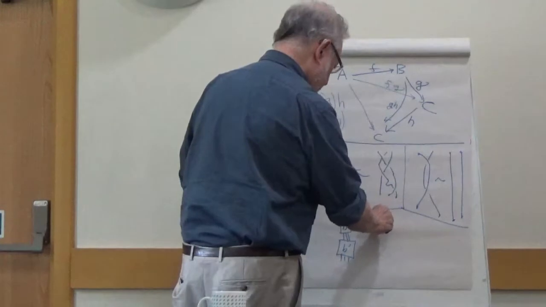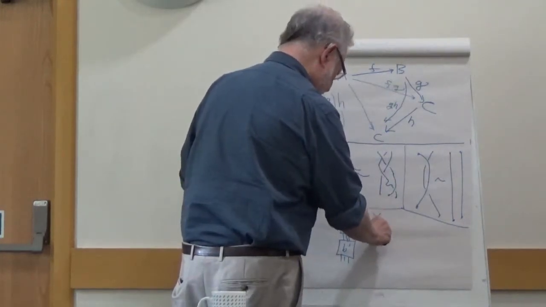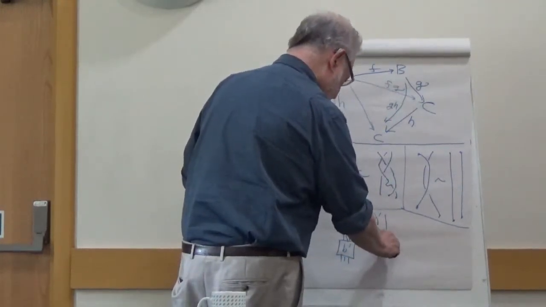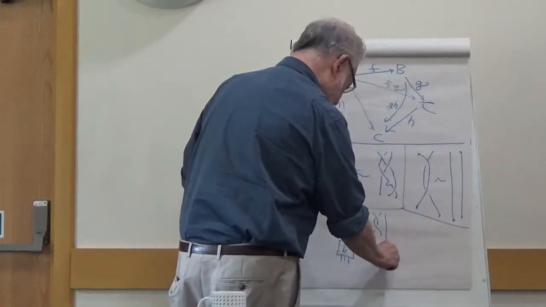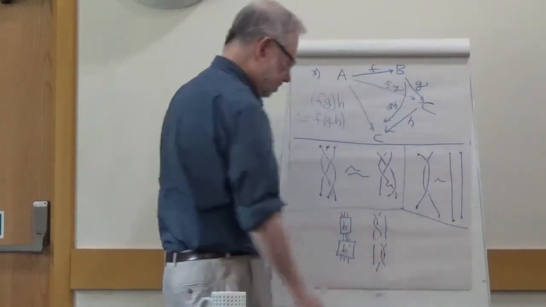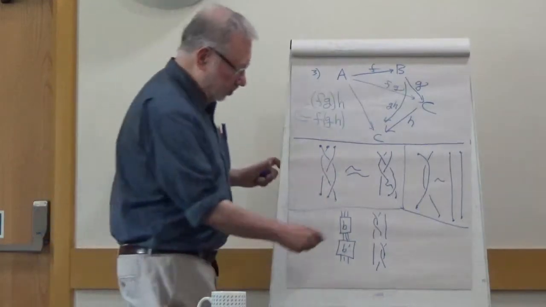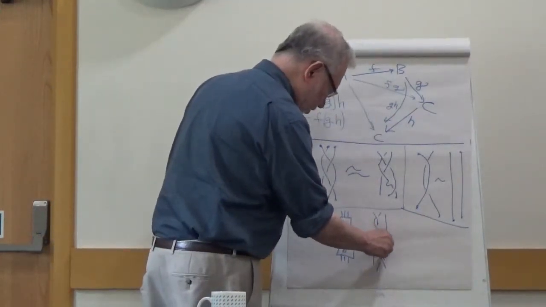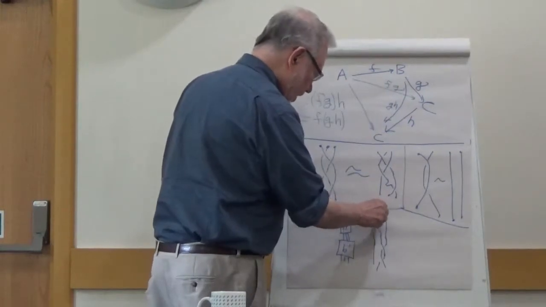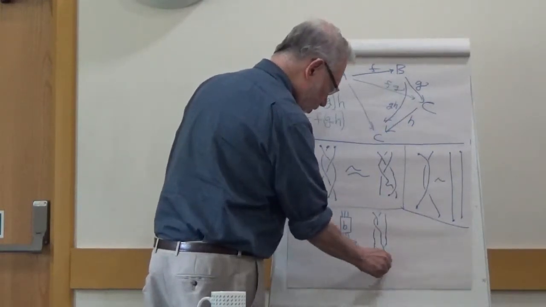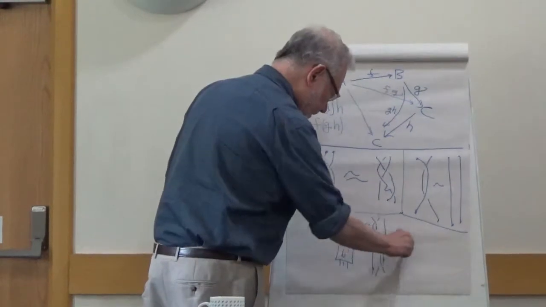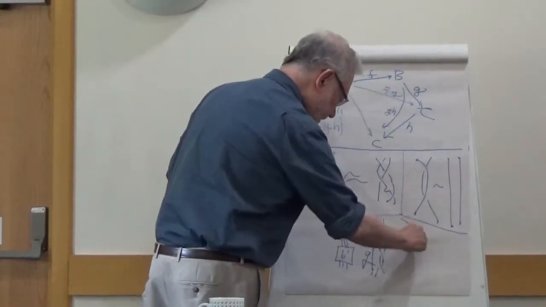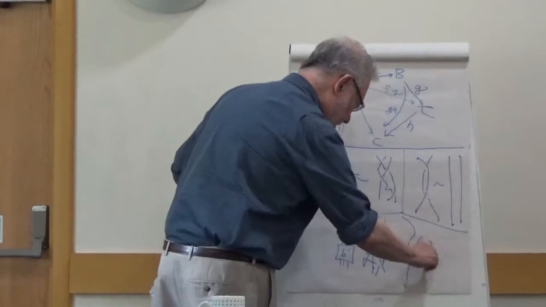So for example, if I take this braid here and this one here, then I multiply them by attaching their corresponding point strands to one another, and I get a new braid like that. So if this braid was F and this braid was G, then this braid is FG. All right?